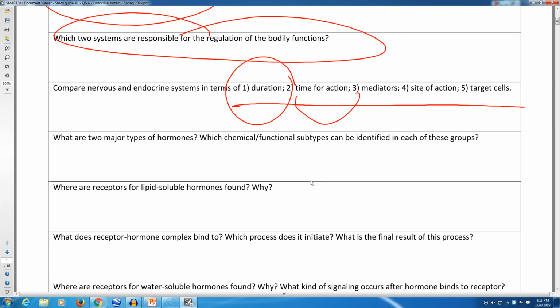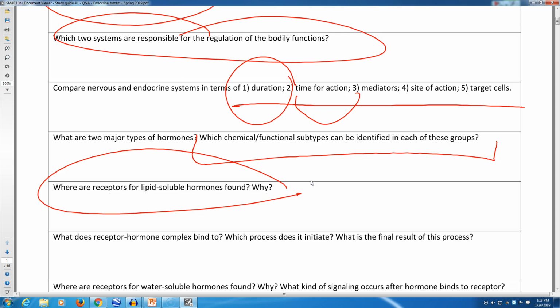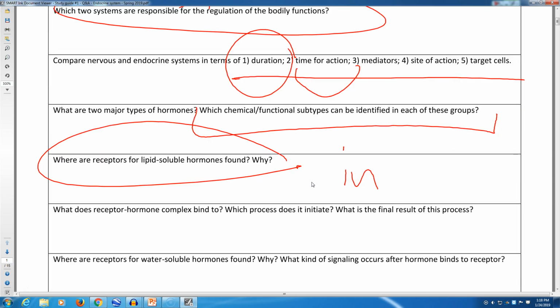Two main types of hormones: water soluble and lipid soluble. In terms of chemical subtypes, what I expect you to know is amino hormones, peptides and proteins for water soluble, and thyroid hormones, eicosanoids and steroids for lipid soluble. Receptors for lipid soluble hormones are inside the cell because they can cross the membrane.